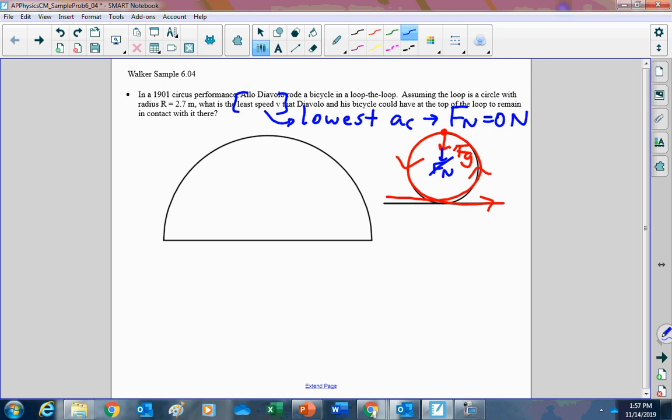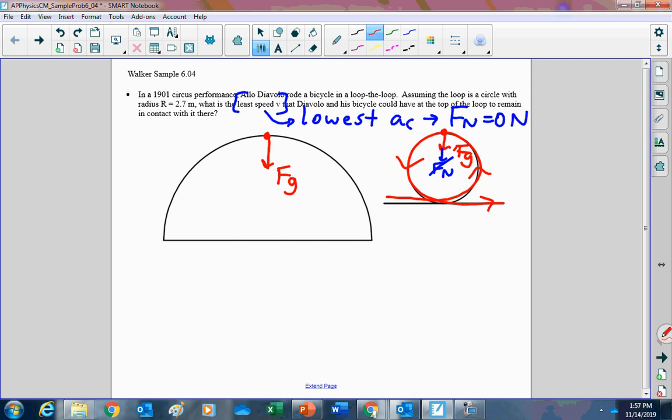Okay, so I just zoomed in on this, so we would have a free body diagram of the system, bike plus man, that would just show Fg, and that's it at the top of the circle.